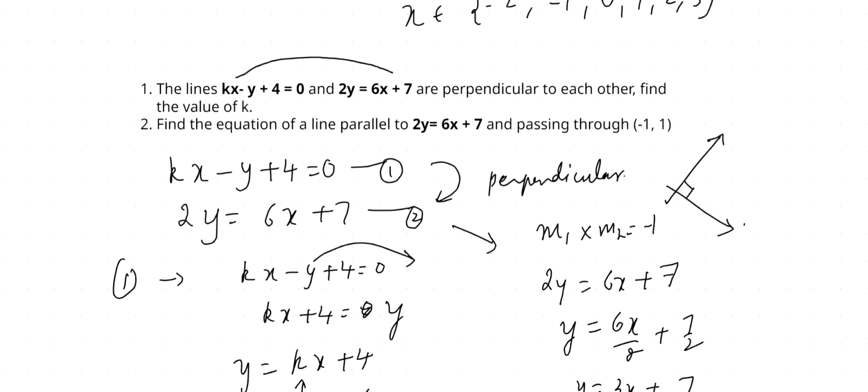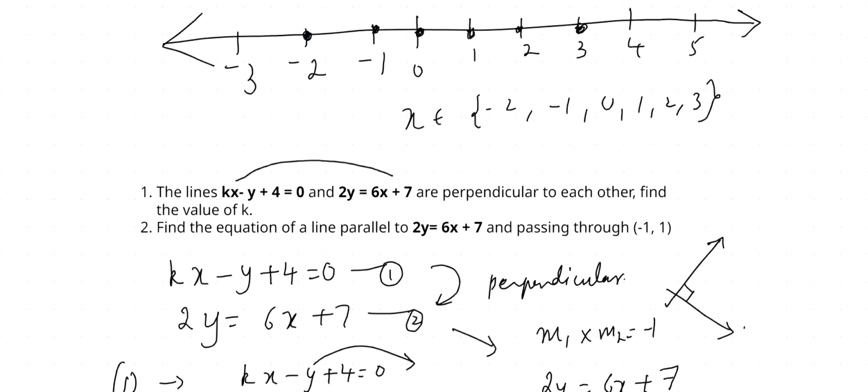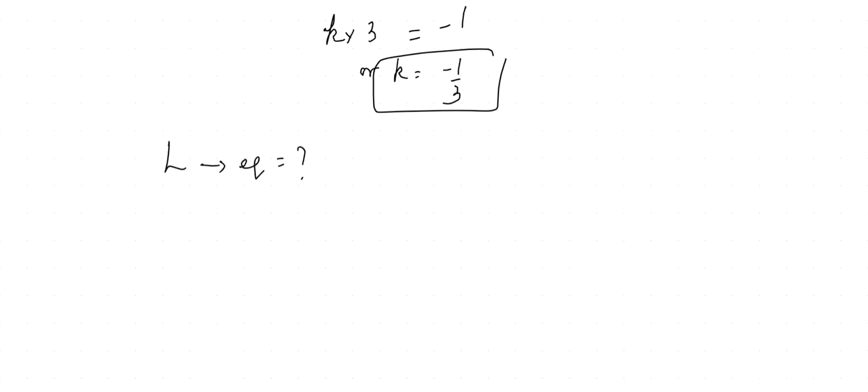I want the equation for a line, let me call it line L. The condition given is that it is parallel to 2y is equal to 6x plus 7.